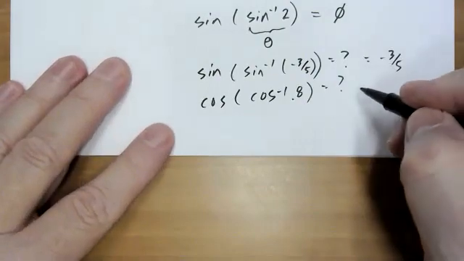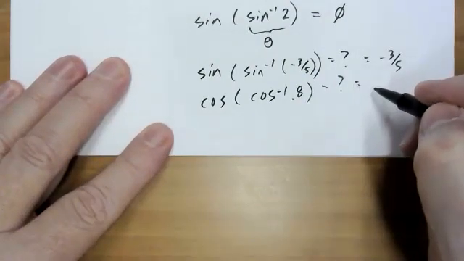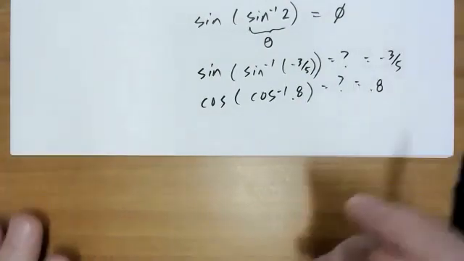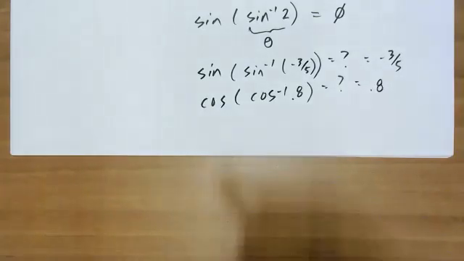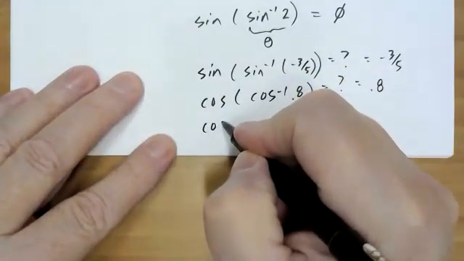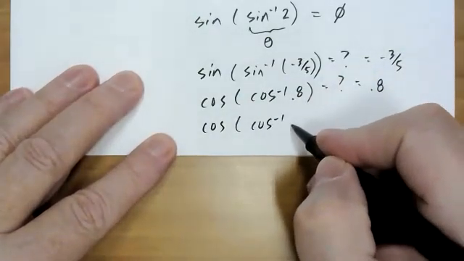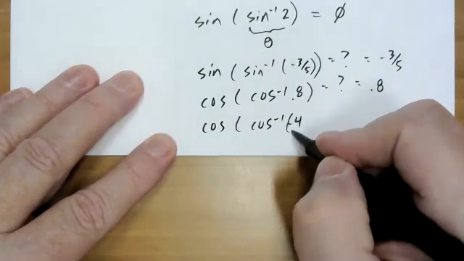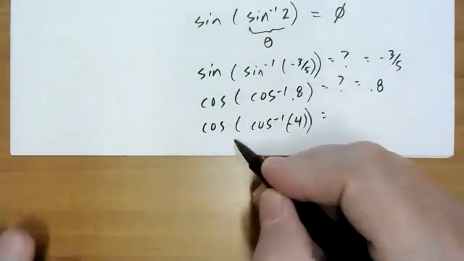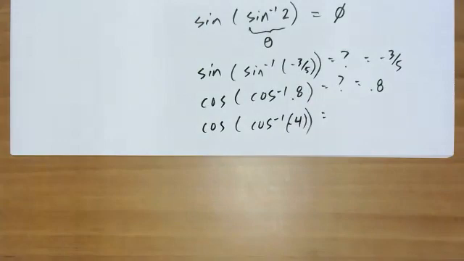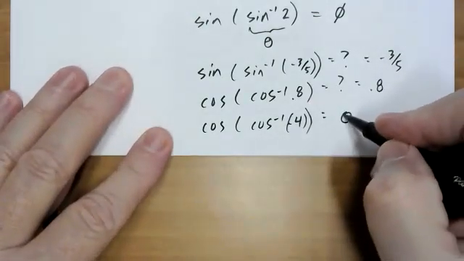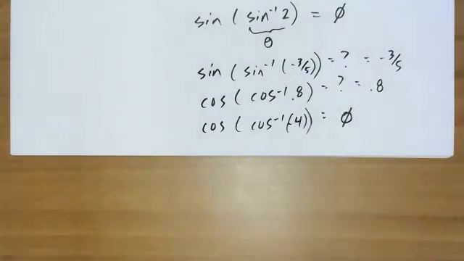Then I can use the shortcut. 0.8. Now the cosine of the inverse cosine of -4. I look at the number. Is it between -1 and 1? No, it is not. So it's undefined.